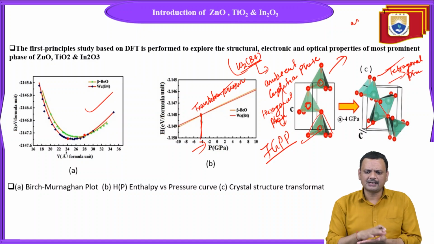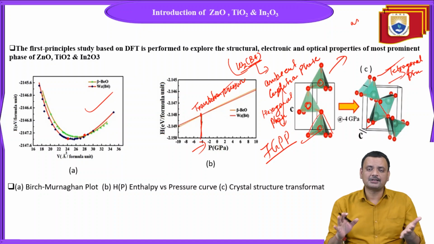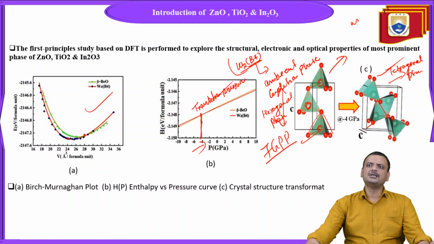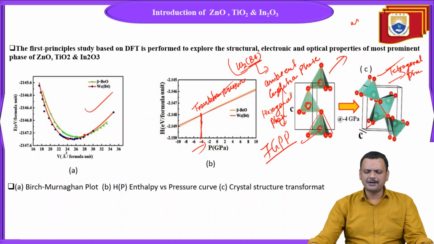Once a system is at lower energy, it is always considered a stable system. So in this energy versus volume curve of these two phases, the wurtzite B4 phase of zinc oxide has lower energy compared to the beta BeO phase.